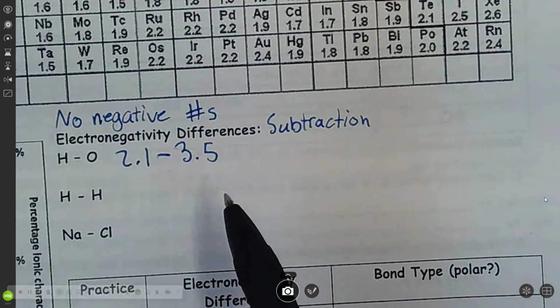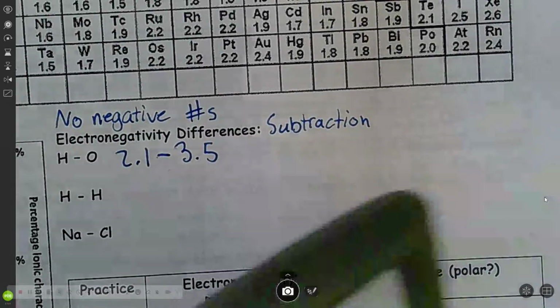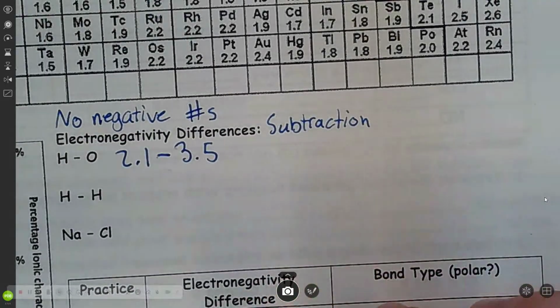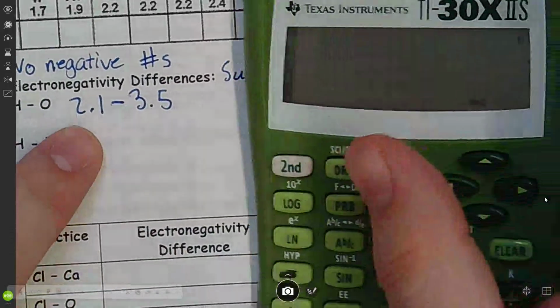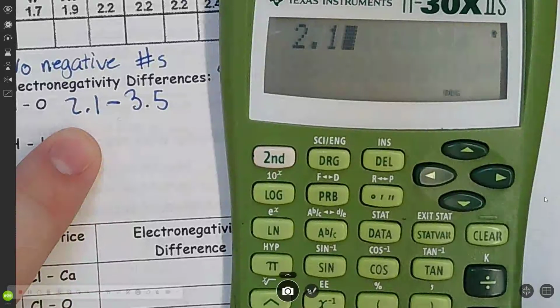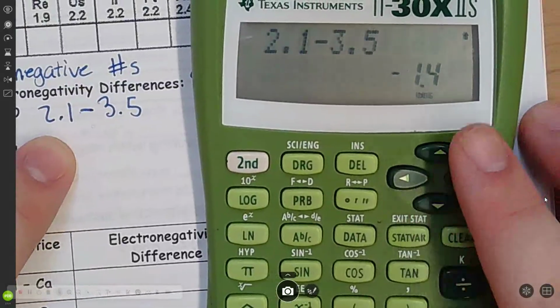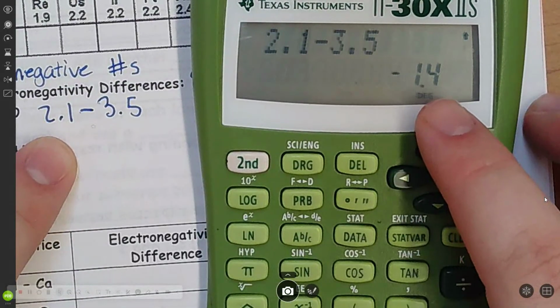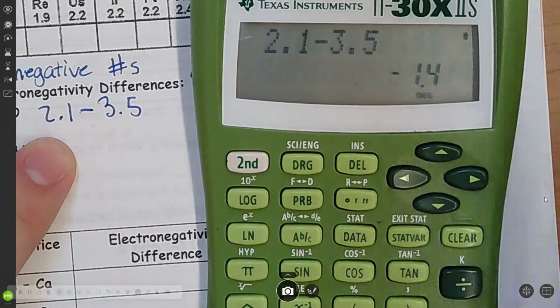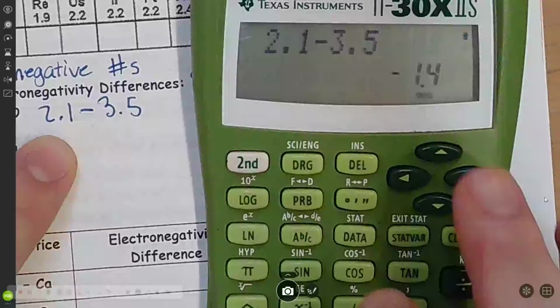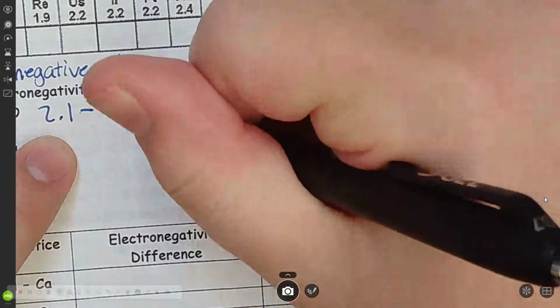So if you get a negative value, just remember that it's always going to be a positive. So we've got 2.1 minus 3.5, and that's going to give us negative 1.4. But since I know that there's no negative numbers, I'm just going to ignore that negative, and I know that it's just 1.4.